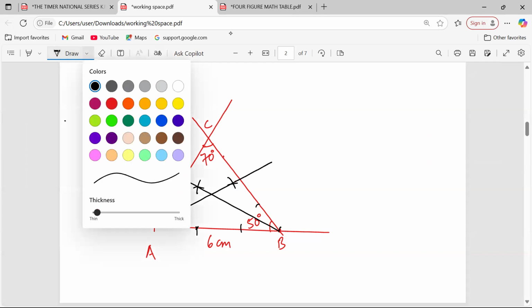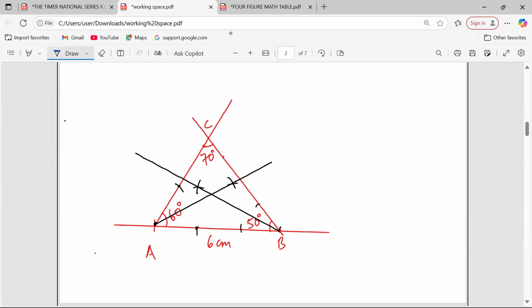Now, where the two bisectors are meeting, this point we call our center. Then we stand on that center and draw a circle which is going to touch the faces, not the vertices, but the faces.